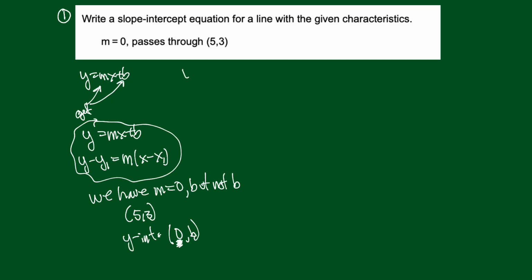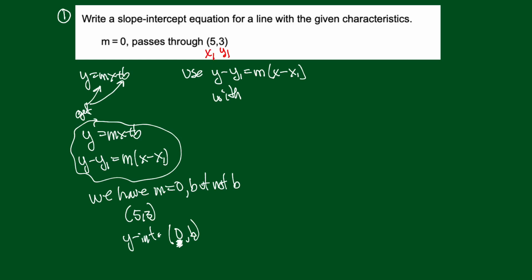So I am going to use y minus y1 equals m times x minus x1. Now here's what I know. y1, well, I look up here, I only have one y. That's the first y I see. So up here, this is y1.